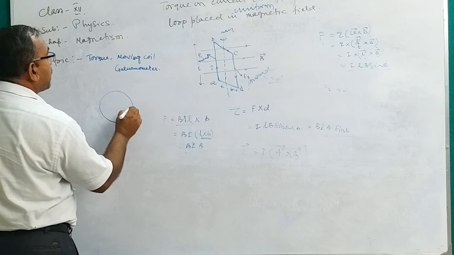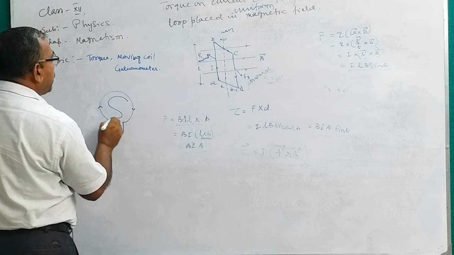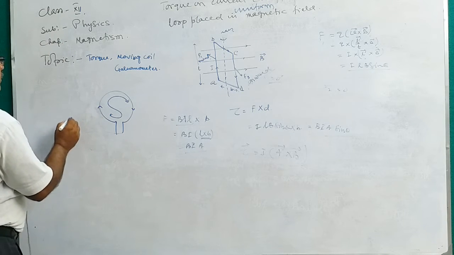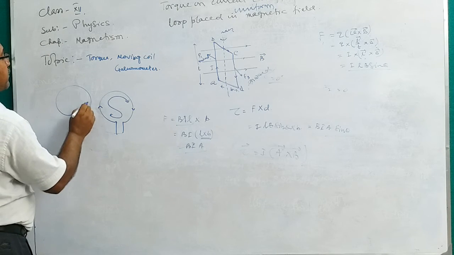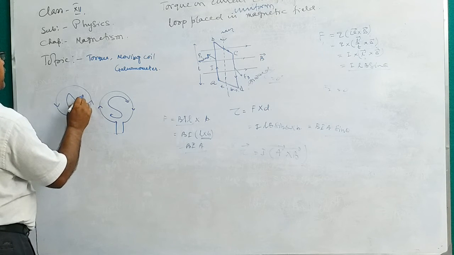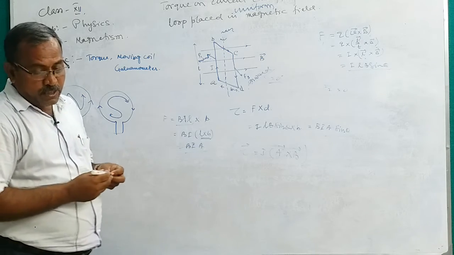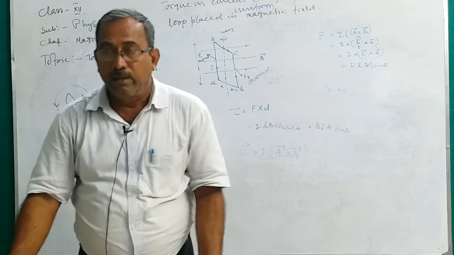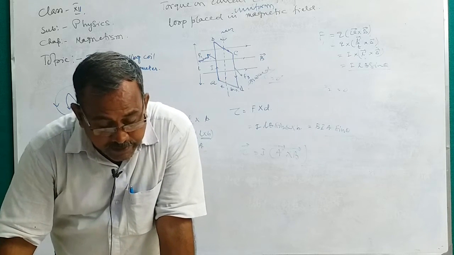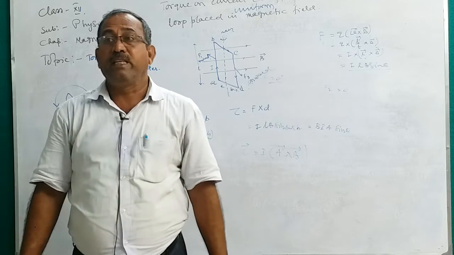If the direction of the current is this, this pole is the south pole, and if the direction of the current is that, then this is the north pole and that is the south pole. Next part is the moving coil galvanometer.